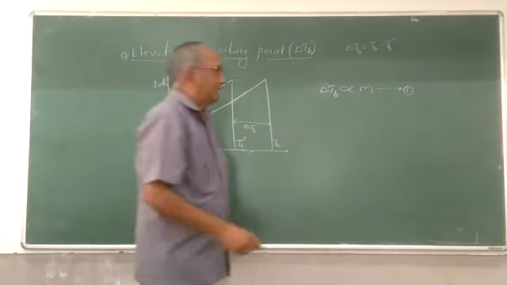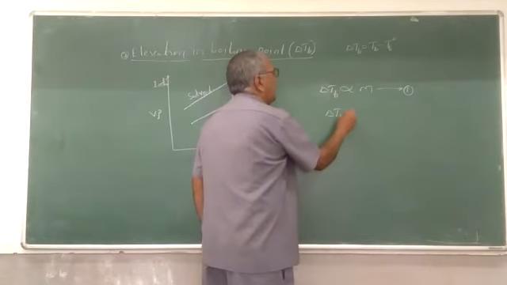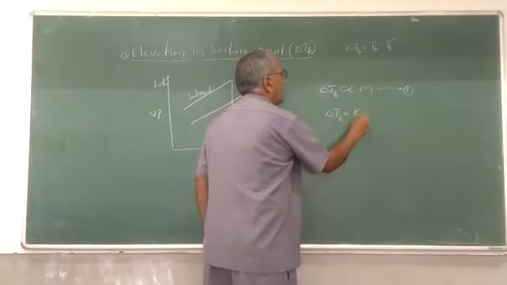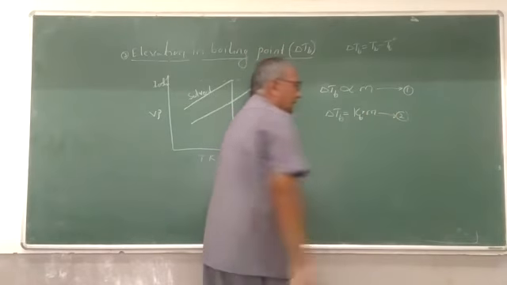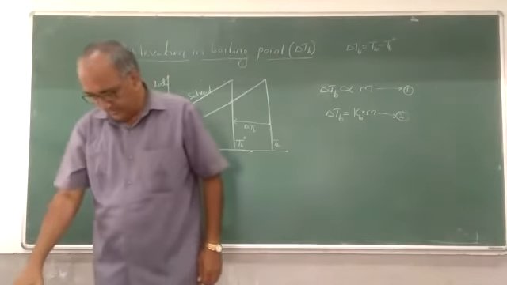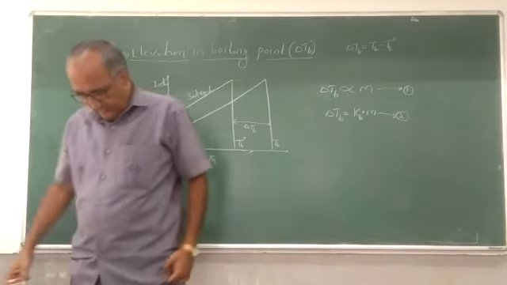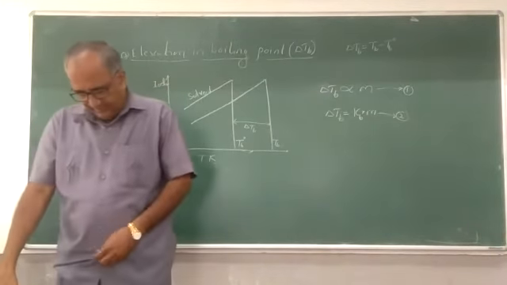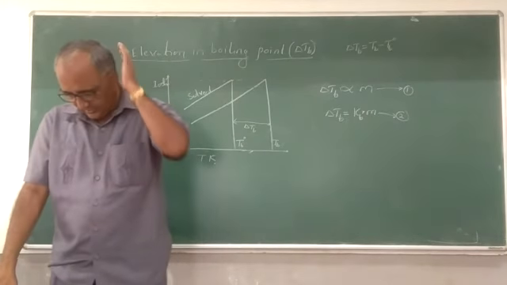I may write, removing the proportionality sign, delta TB is equal to Kb into m, where Kb is called the ebullioscopic constant or molal elevation constant or the elevation constant.